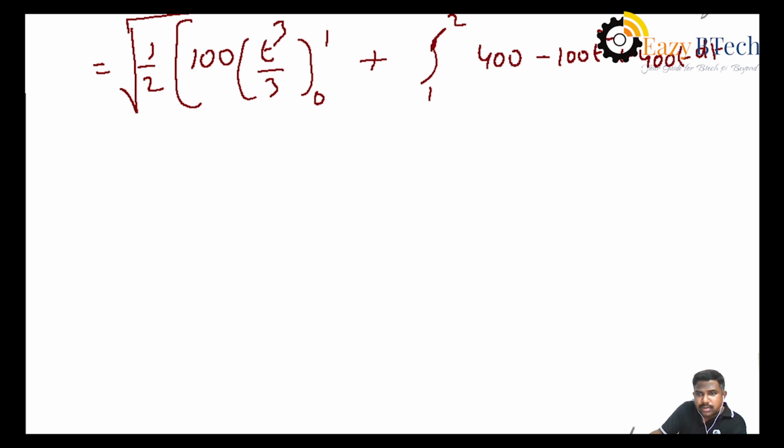Then 1 by 2 is there for the whole function multiplication.